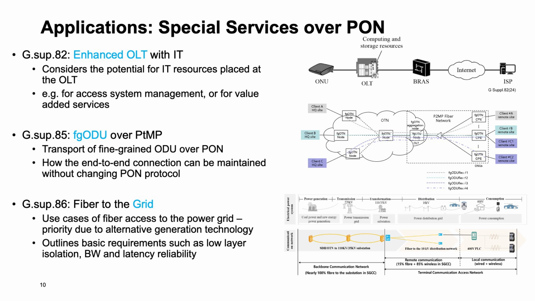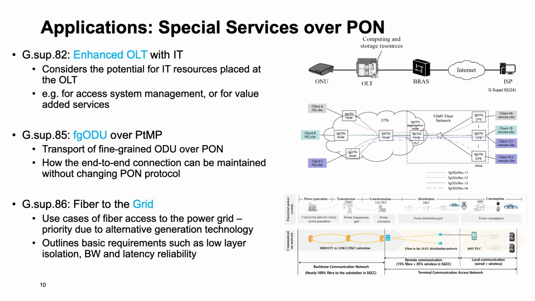So using the very high capacity that you have in PON today to aggregate those systems. So don't use point-to-point fiber anymore, use a point-to-multipoint PON topology, and be able to carry those clients in an efficient way over a more modern infrastructure, so OTN-based infrastructure.